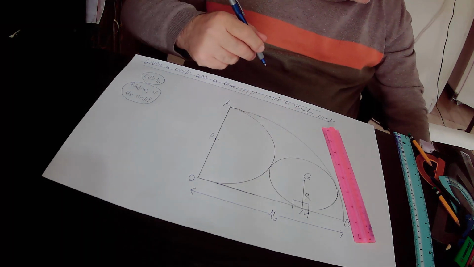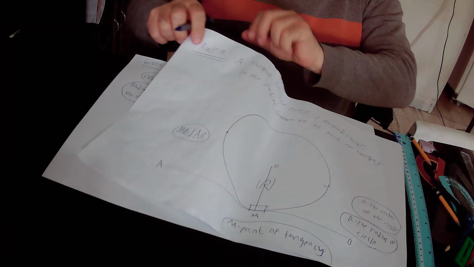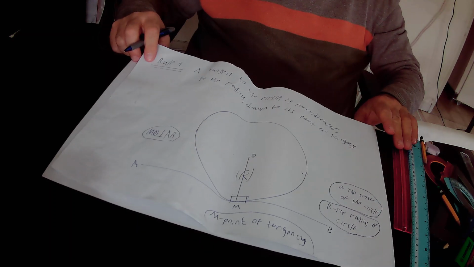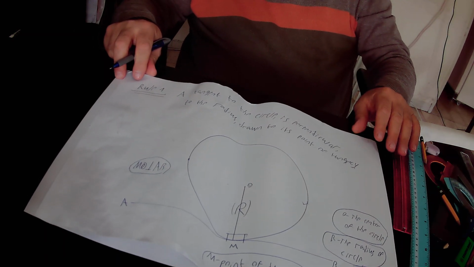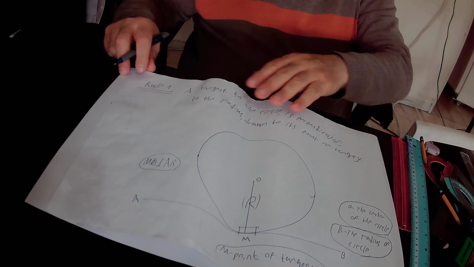I'll repeat quickly on rule 1. According to rule 1, a tangent to a circle is perpendicular to the radius drawn to its point of tangency.